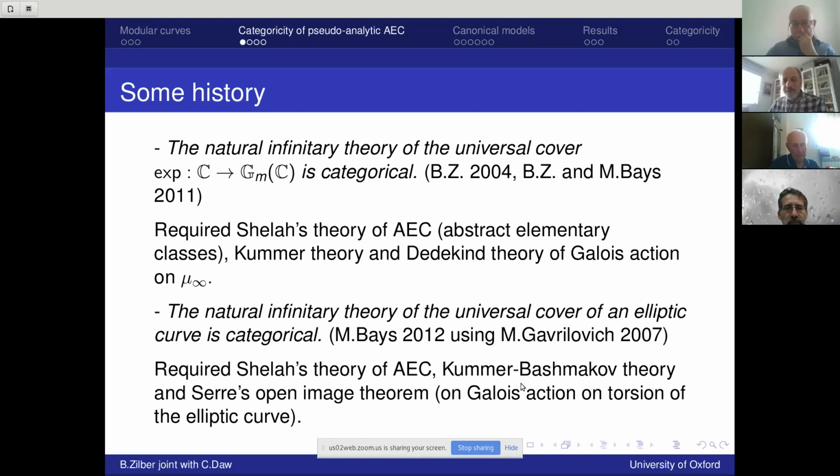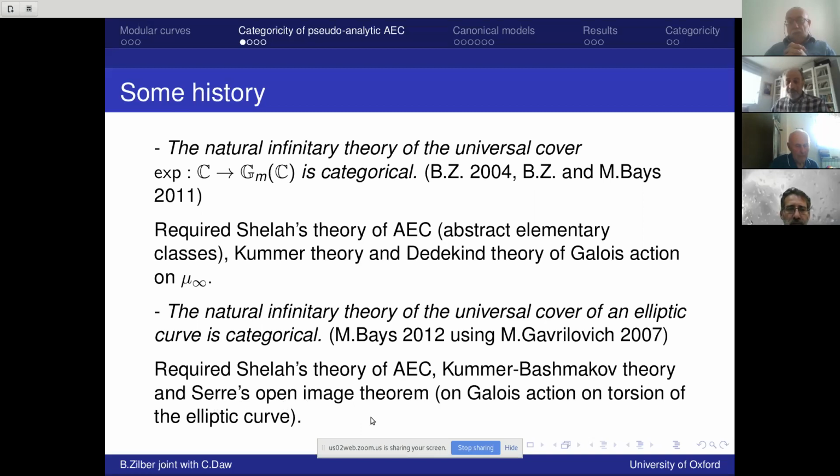It is now the Kummer-Bashmakov theory, Bashmakov's theorem, from the 1970s maybe. And in place of the Dedekind theorem, it is the Serre open image theorem on Galois action on torsion of elliptic curves, which is quite a non-trivial theorem.